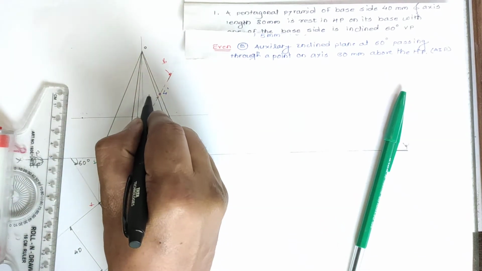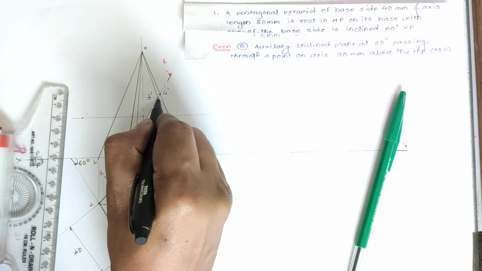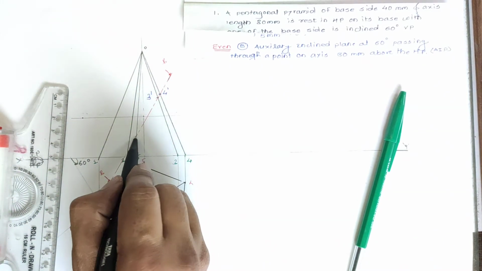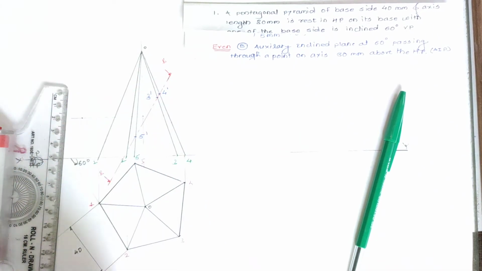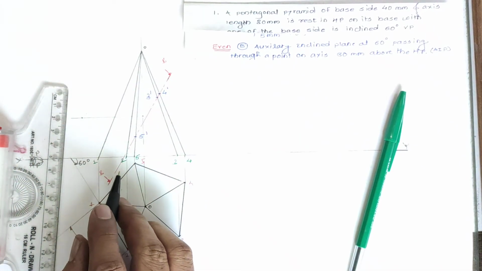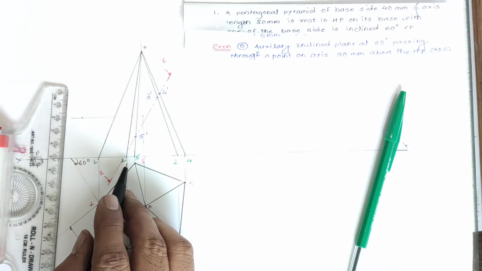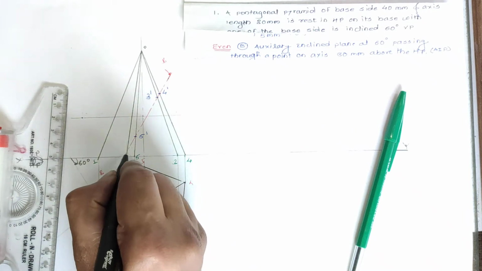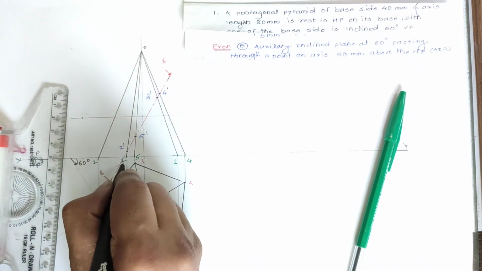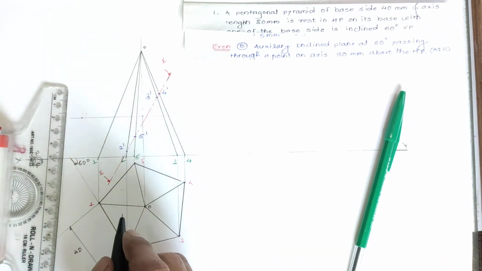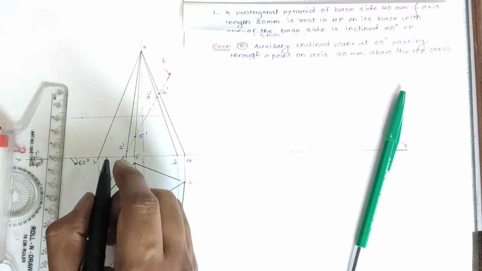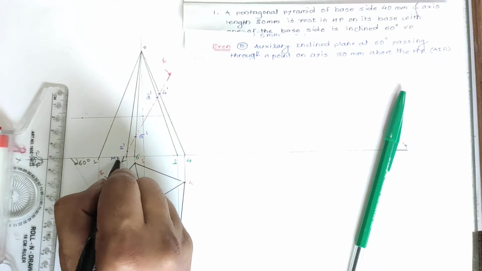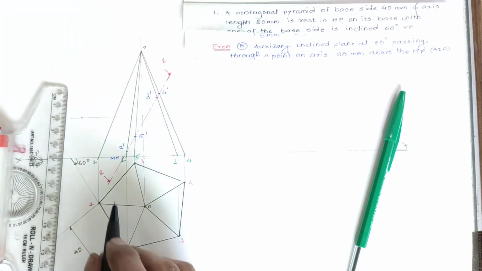Next point, we can call it 3 dash. Then O to 5 cuts at this point, we can call it 5 dash. Then the next point cut, we can call 2 dash. The base is cut at this point, so 2 points are present here, M and N for the base.